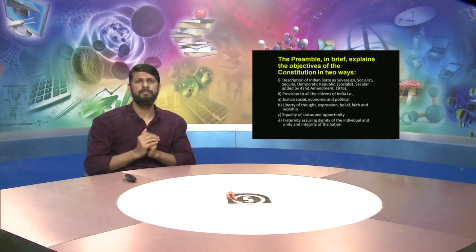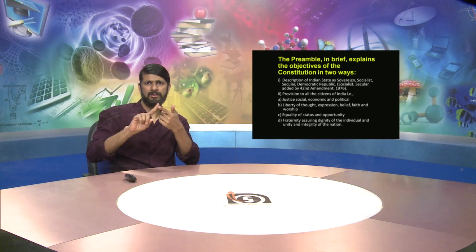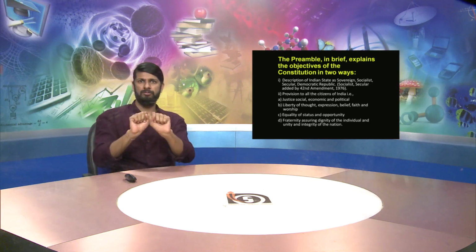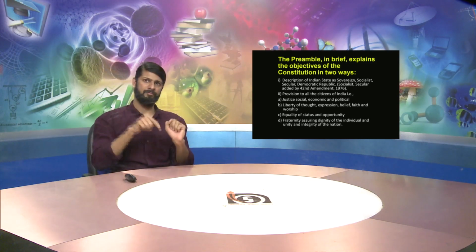In the Constitution Preamble, in brief, we explain the objectives of our Constitution in two ways.